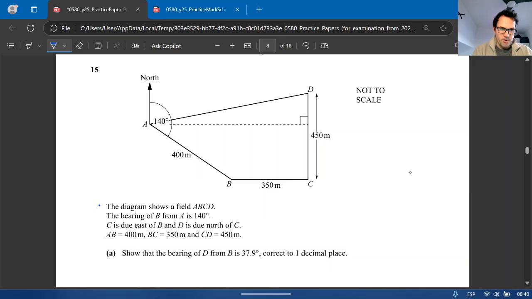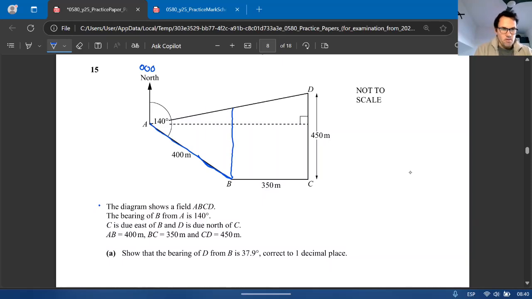What do we know about bearings? Bearings always start from north, which is 000. We go clockwise from A to B. That means at B, we can draw another north line.